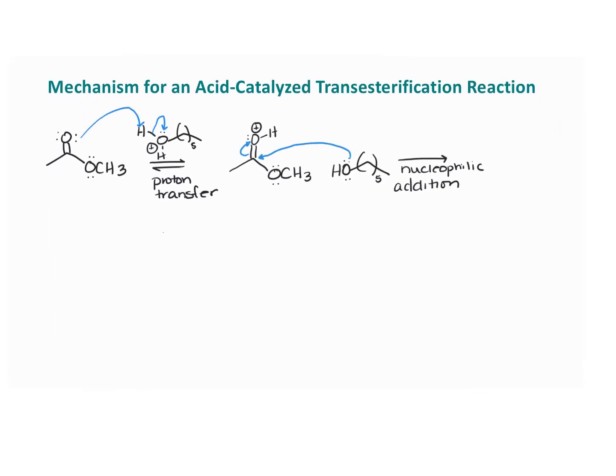And so let's draw our products. I'm going to draw my alcohol here. I'm going to move that OCH3 down here. Then I'm going to look at the oxygen attached that formed a new oxygen bond. Let's move hydrogen here, put the electrons there, and put a positive charge there.